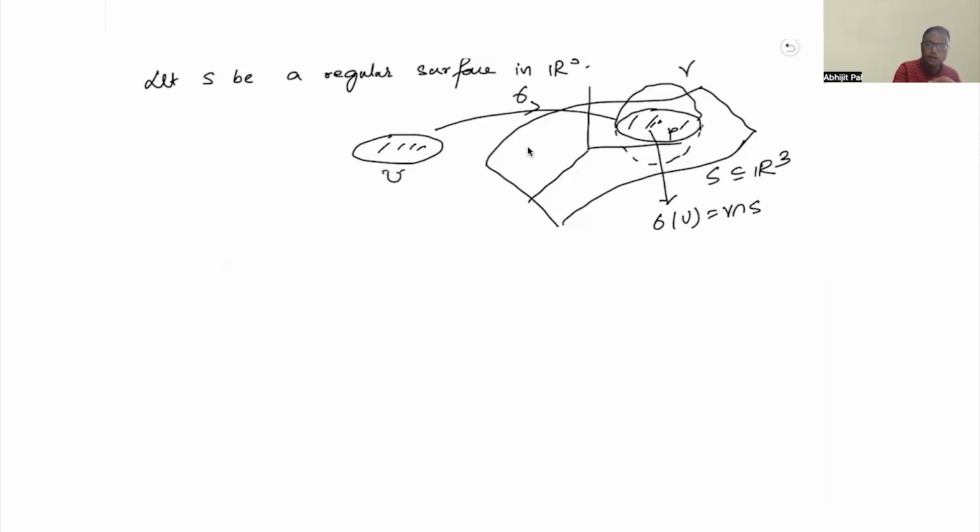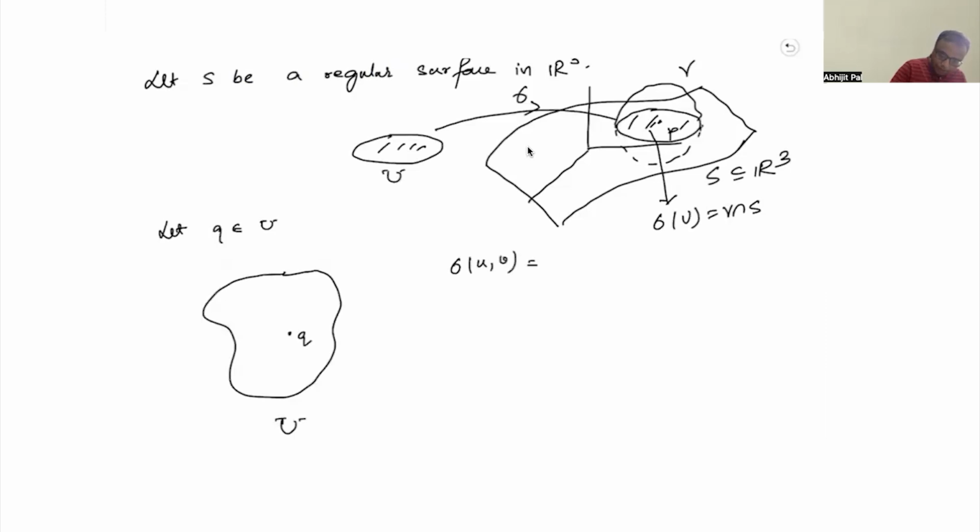So now let us take a point Q belonging to U, because I have taken P belonging to S. So U is something like this, and this is my Q. And sigma(u, v) is equal to (x(u, v), y(u, v), z(u, v)), which I have taken earlier.